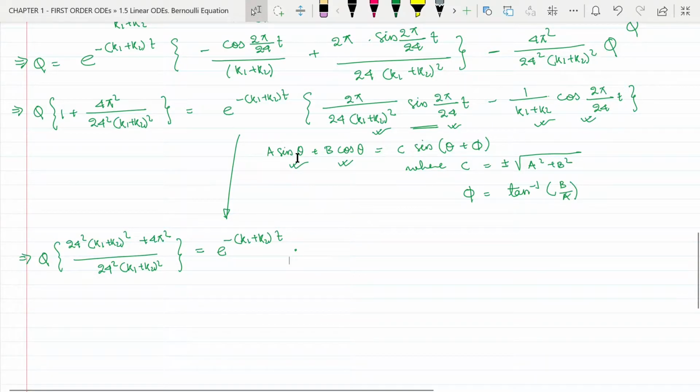The term that is multiplied by sine theta is a, so this constant term is a, and the term that is multiplied by cos theta is b, so b is minus 1 by (k1 plus k2).